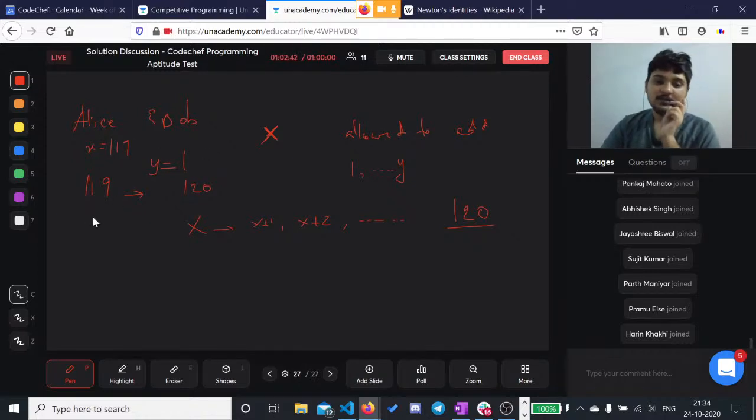Conversely, let's say x equals 118 and y equals 1, then Bob wins the game, because Alice will have to change 118 to 119, then Bob will change it to 120 and Bob wins the game. Okay, so this is simple pattern finding.